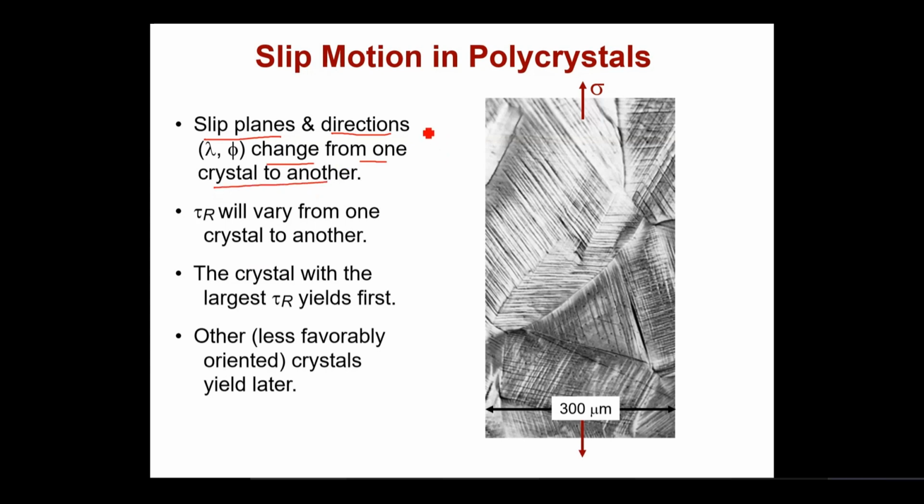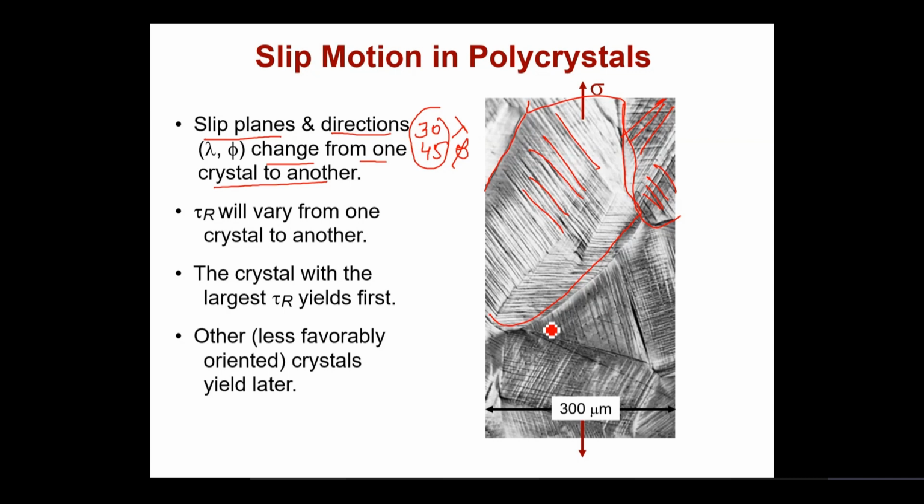That means although the value of critical resolved shear stress would be 30 and 45 for lambda, this 30 and 45 would be changing from one crystal to another. So if you have this as one grain, the angle could be this, but for another grain the angle might be this or this.